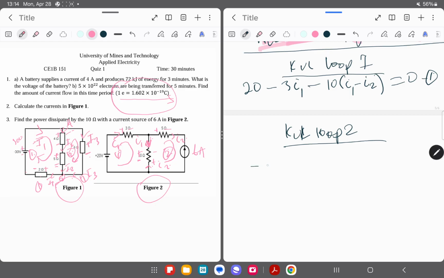So I'm going to have minus 5i2, right? Then I come back to my descent, which is also going to be a drop. So I have minus 10, which is I2, minus I1, which is going to be 0, right?